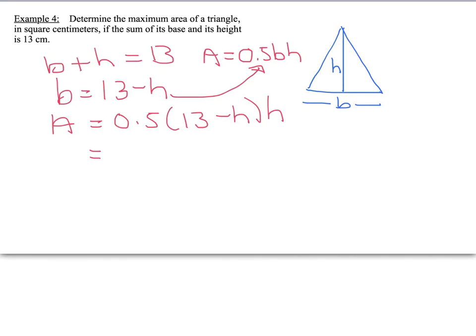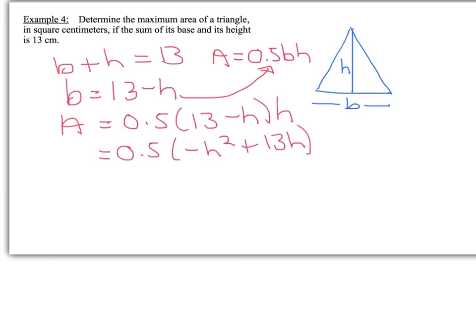So we have an equation with just height, and now we're going to expand. So we'll leave the 0.5 for now and just multiply through by the height. And so I'll get negative h squared plus 13h.